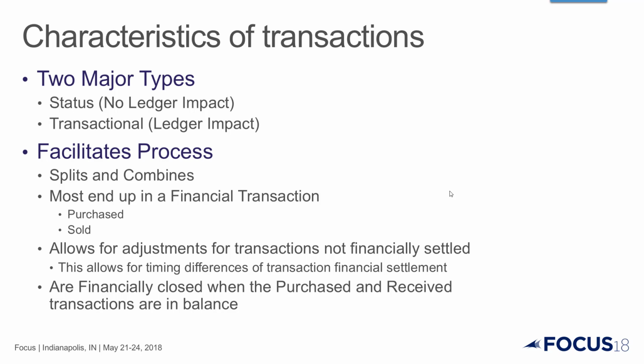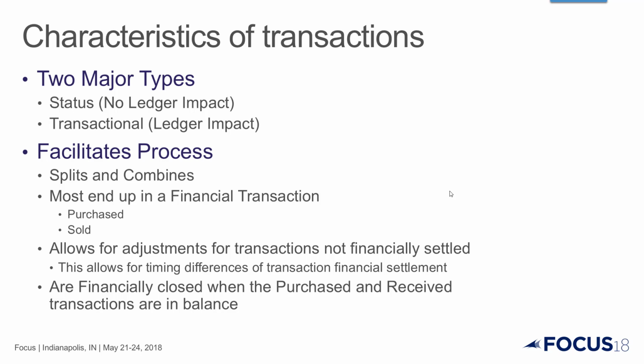And then the other type of thing is it identifies whether something's financially closed. It is financially closed when the purchased and the sold transactions are in balance. So think about the incoming transactions and the outgoing transactions.